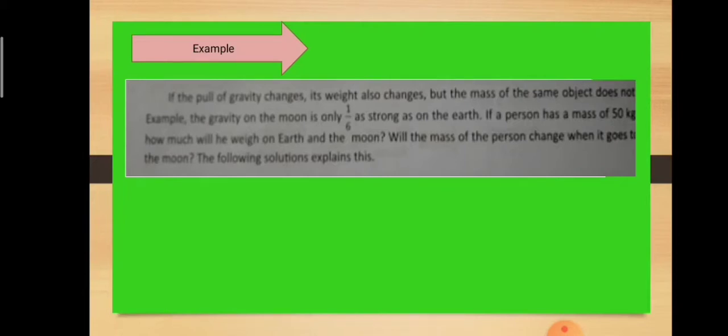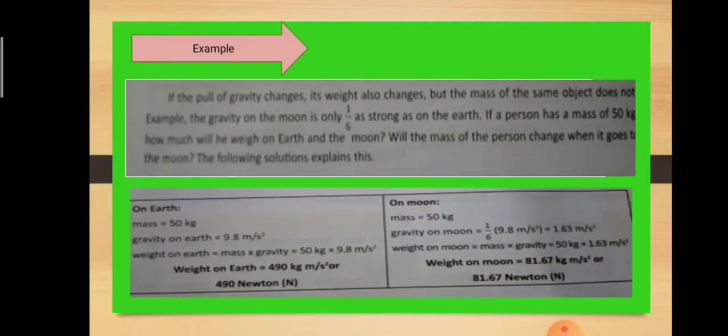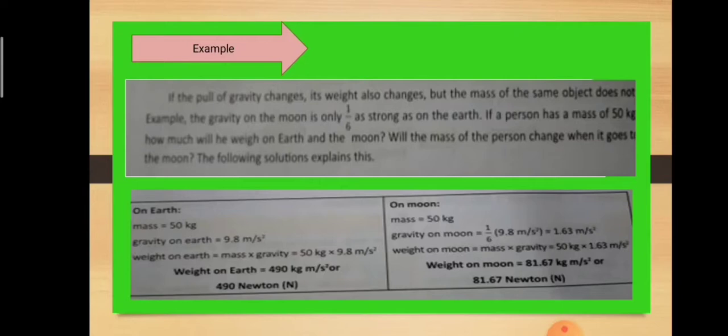So if a person has a mass of 50 kg, how much will they weigh on Earth and the moon? Will the mass of the person change when they go to the moon? So the following solution explains. On Earth, mass is equals to, let's substitute, 50 kg. The gravity on Earth is 9.8 meter per second squared.